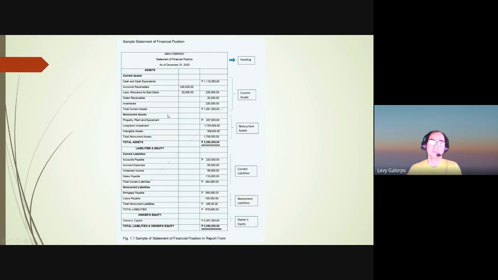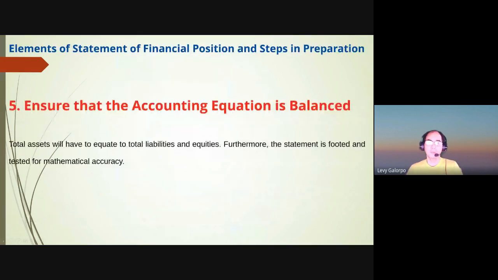Okay. Now, the 5th step: ensure that the accounting equation is balanced. Siyempre guys, pinakita natin yung double rule. Pag dinouble rule mo na yung dalawa na yan, ibig sabihin, balanse sila. Balikan natin.